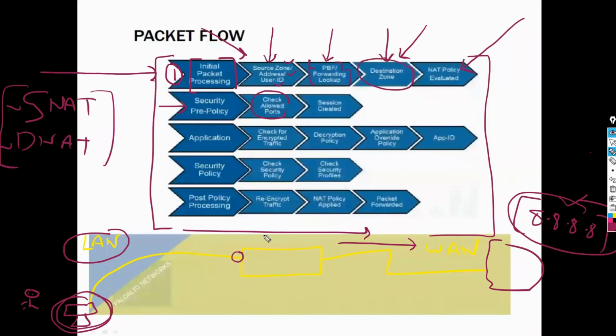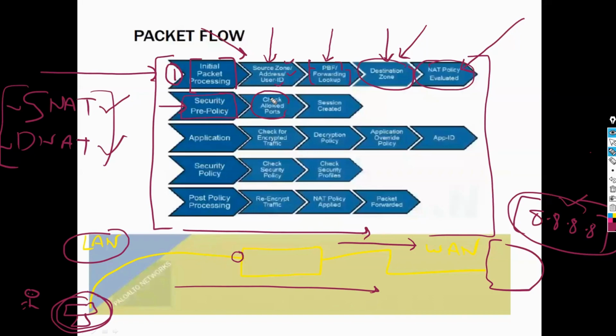Then, as per your packet flow, traffic is coming from LAN trying to go to the WAN. So now the firewall will try to identify for this traffic whether there is any source NAT or destination NAT. After that, it will check the security pre-policy. What is the security pre-policy?